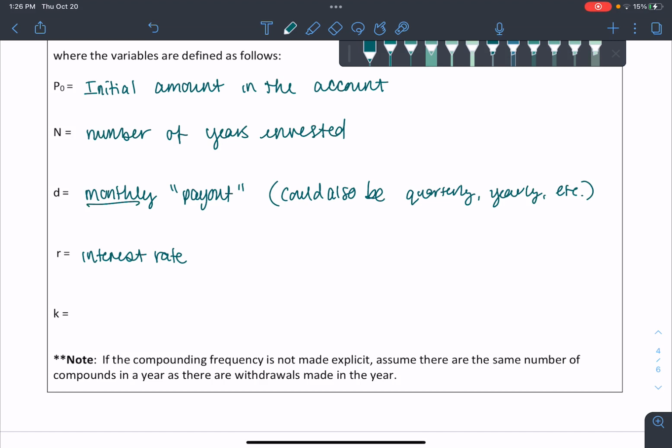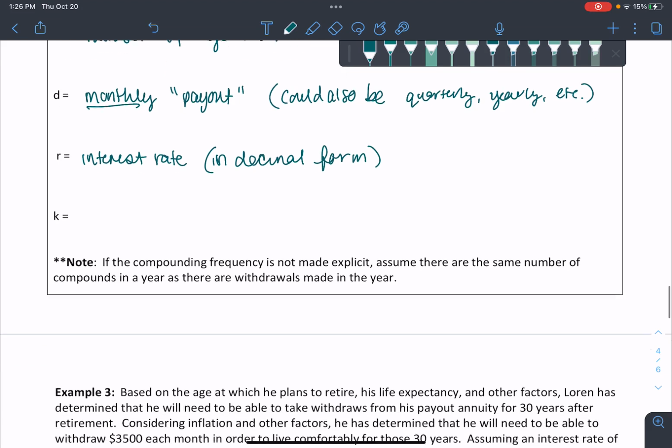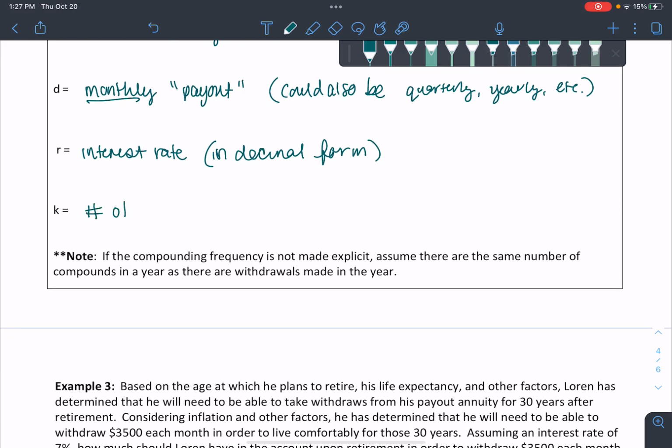It's just the payout, whatever it is, for however many times you do it per year. Okay, and we said r is the interest rate, as always, in decimal form. And then k is going to be the number of compounds per year. Same as last time.